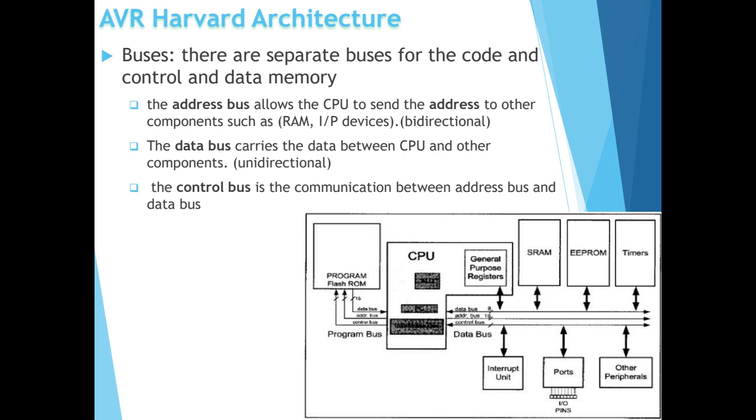I want to talk about these three types of buses. The address bus allows the CPU to send the address to other components such as RAM and input-output devices. This O here is a typo. Input-output devices are the devices which are connected to the input and output of the microcontroller.